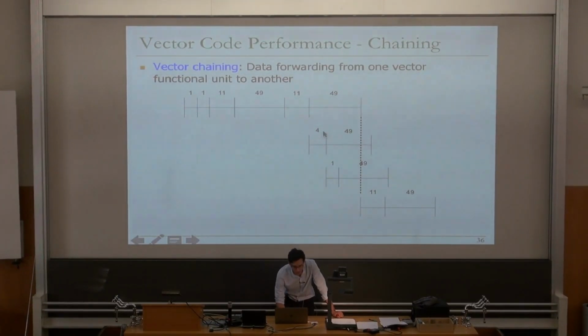And we can start counting these 4 cycles that we need for the execution of the addition. And as soon as we finish the addition for element 0 in the vector, we can start the shift register operation, right?